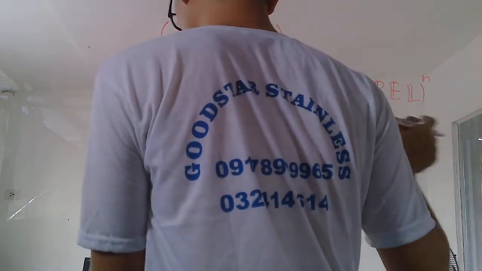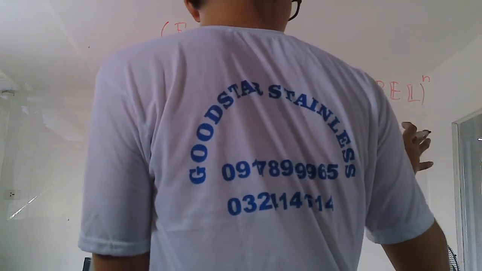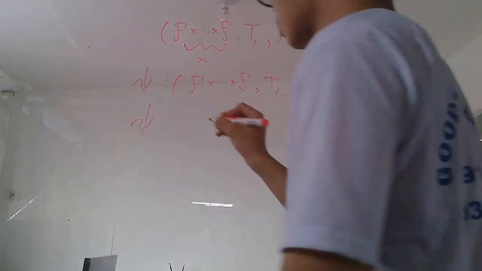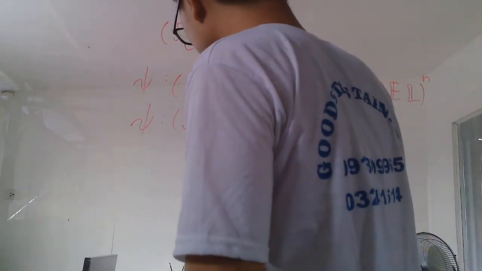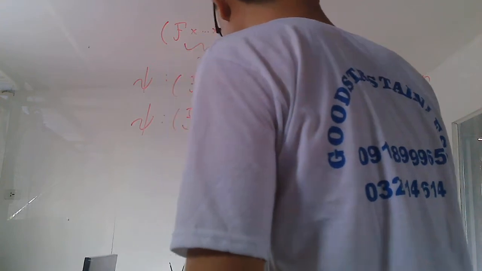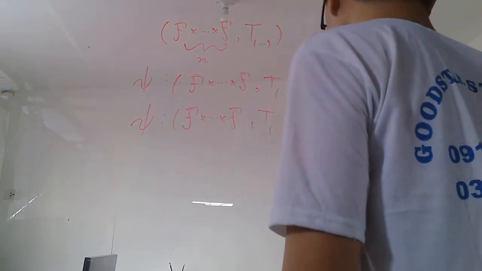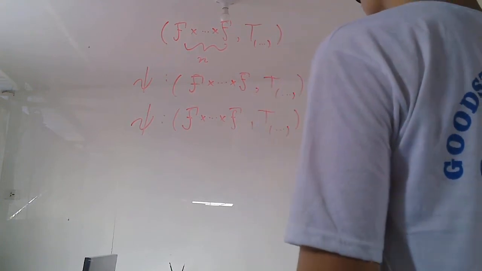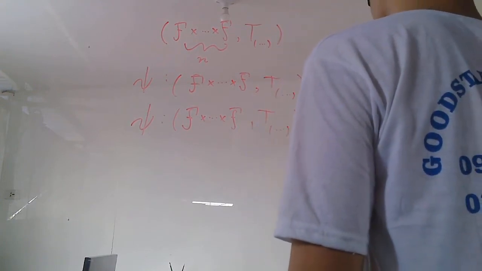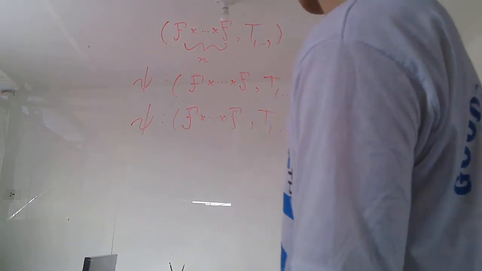So N tuples of N, the natural numbers, is a subset of N tuples of REL. So now we can map this multi-dimensional topological space onto N tuples. It could just be one or more dimensions, right?